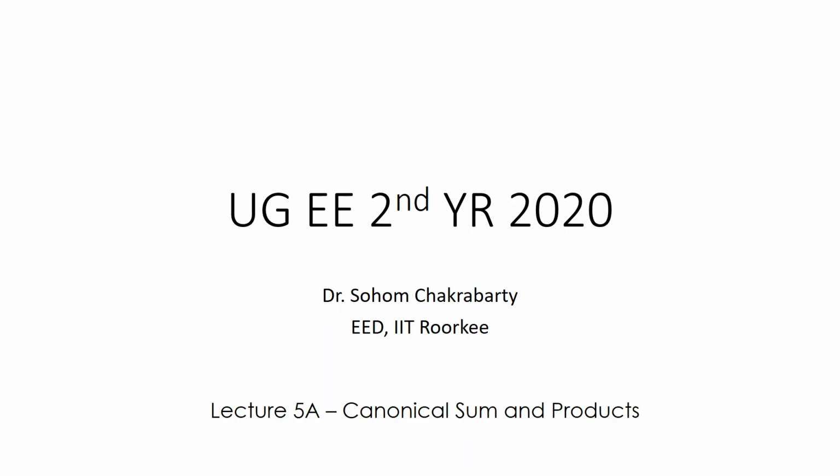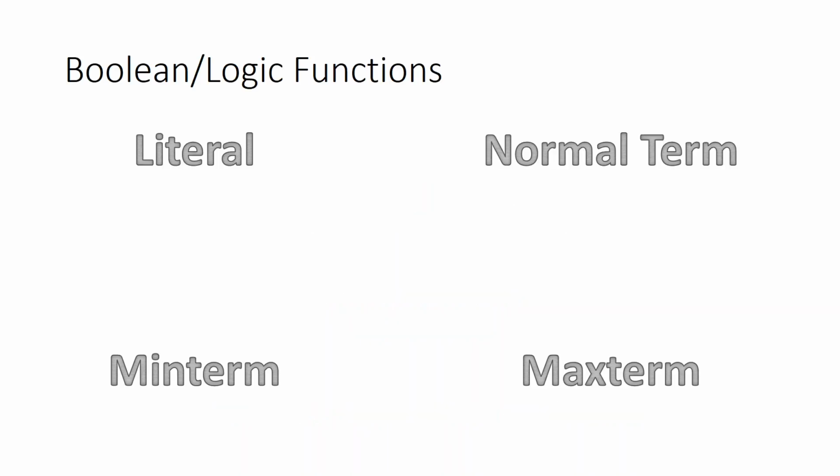To do that, the important concept that we would learn today is the concept of min terms and max terms, which is related to the concept of canonical sum and products. So, let us go about it.